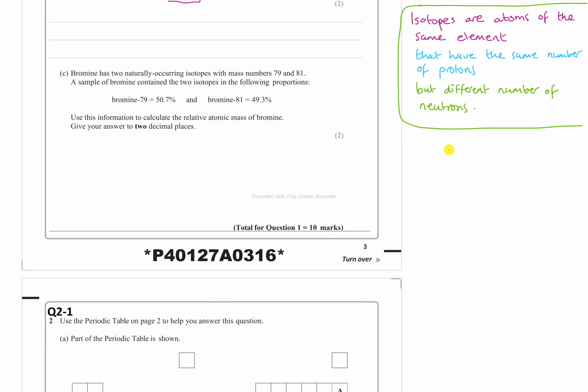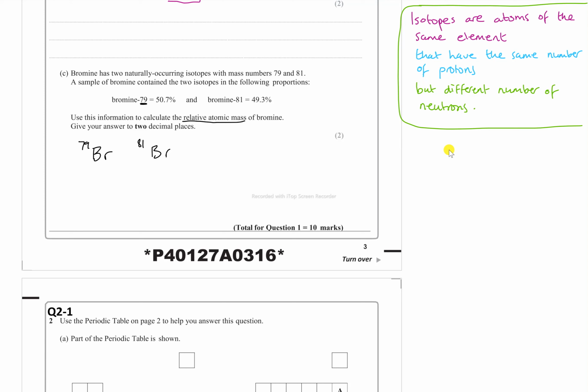Right, what I would do with this question, they want the relative atomic mass, or the average relative atomic mass. So what you do, bromine 79 and 81 at the top.